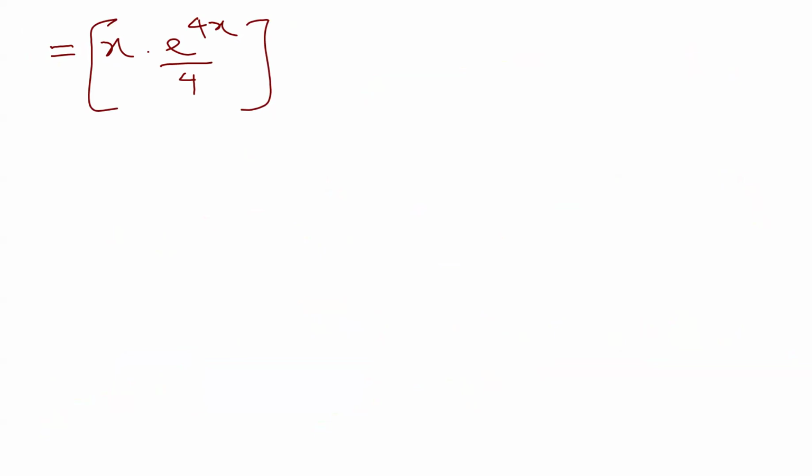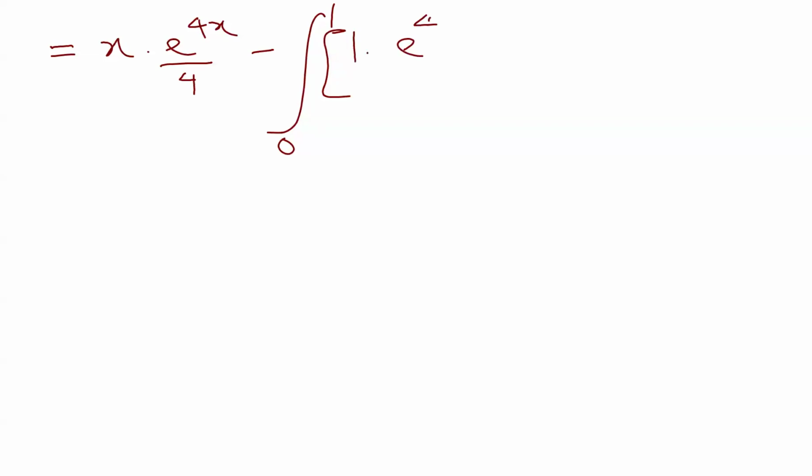Okay. Now see, do that in the next step. Whenever it is integration by parts and definite integrals, don't be in a hurry to substitute the limits. Just wait. This is 3, this is 1 and this is 0. dy dx of x is 1 into e raised to 4x by 4.